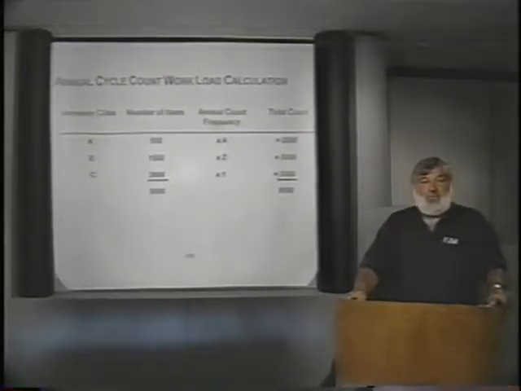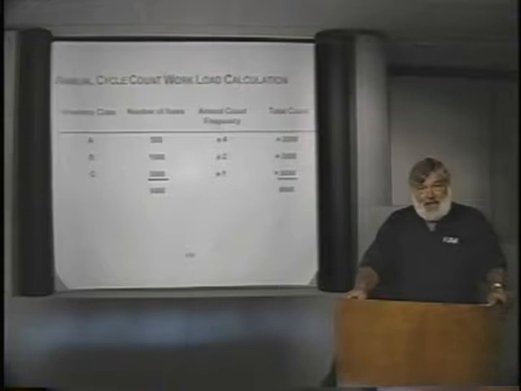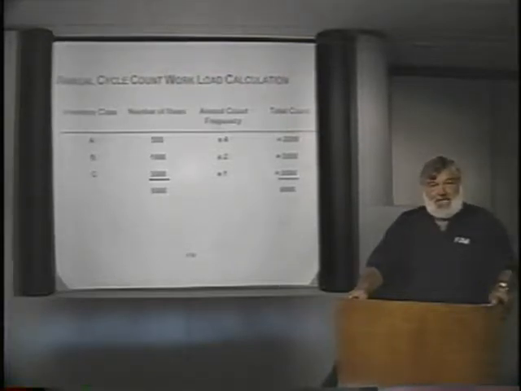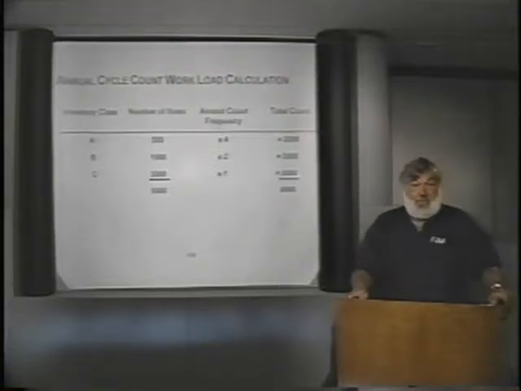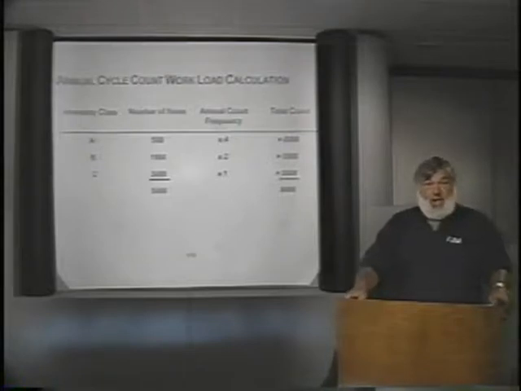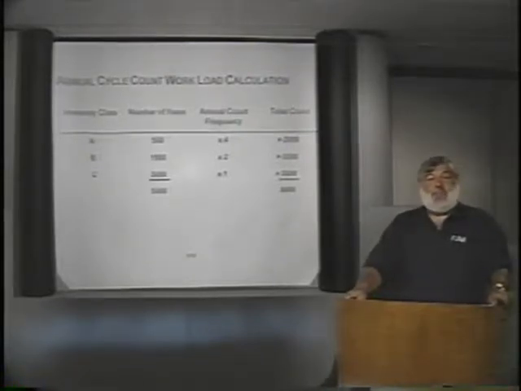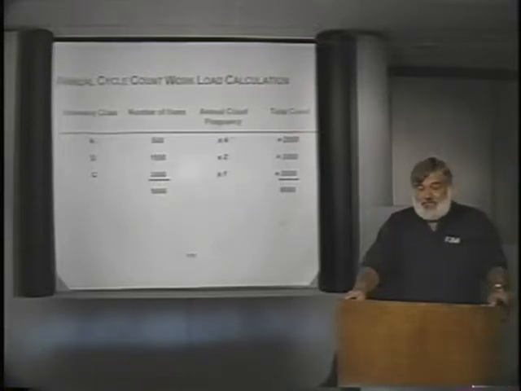We are going to multiply the number of items in the A, B, and C categories by the minimum frequency codes of 4 times a year, twice a year, and once a year. So the right-hand column gives us our maximum number of total counts.